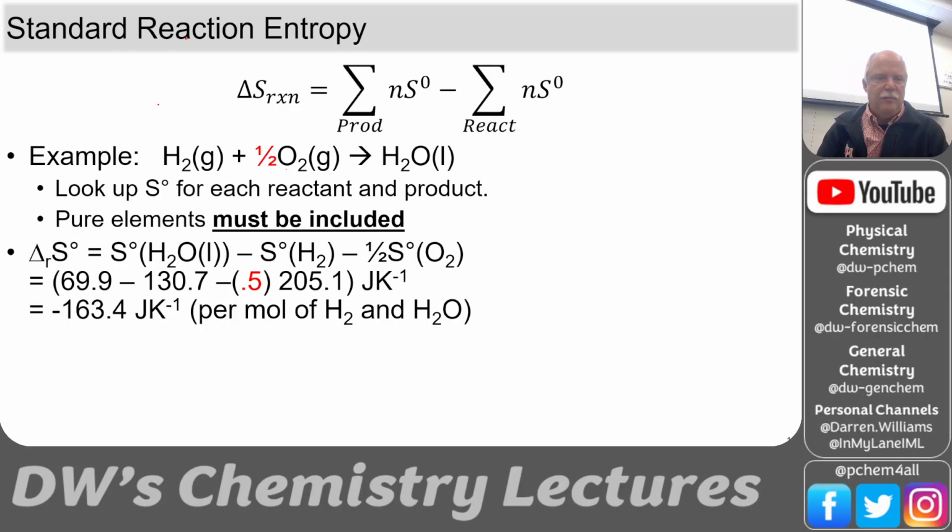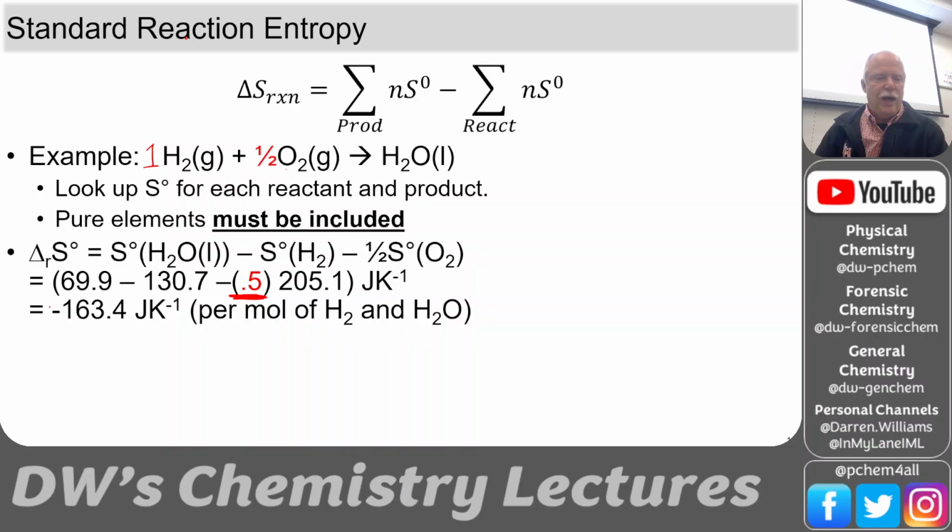We've written this out in terms of 1 mole of the main reactant, hydrogen. Producing 1 mole of water, we only use 1/2 mole of oxygen, so we've got to take this into account here. And so this is our standard entropy change, minus 163 per mole of hydrogen and per mole of water.